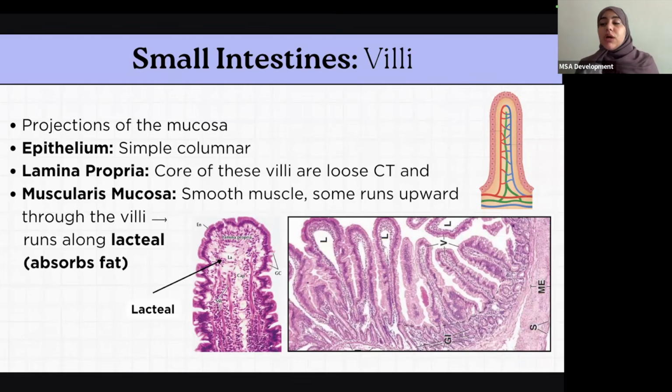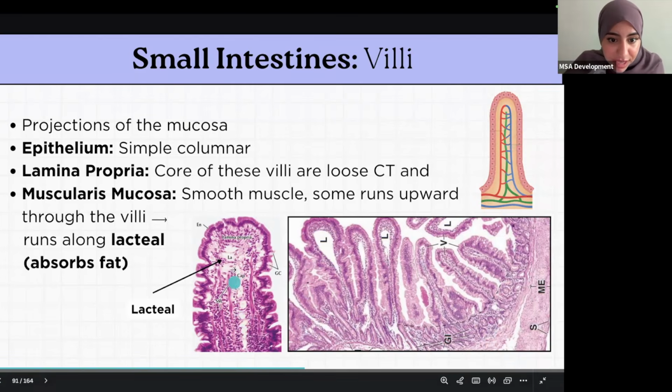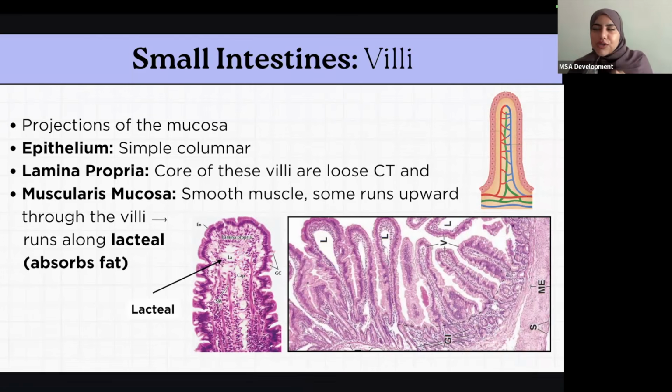So there's an extension of the lymphatics called a lacteal, this green thing in the middle. It's empty, and just remember, it's empty. Why? Because what is clear on histostaining? Fats. It doesn't actually stain anything.